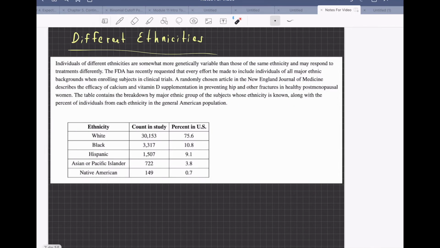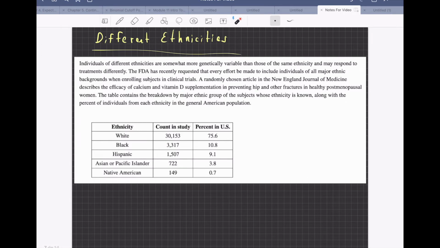Well, the expected count for white: the true value is supposed to be 75.6%, or 0.756, times the total.